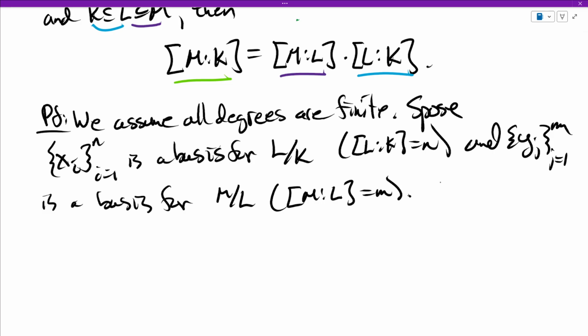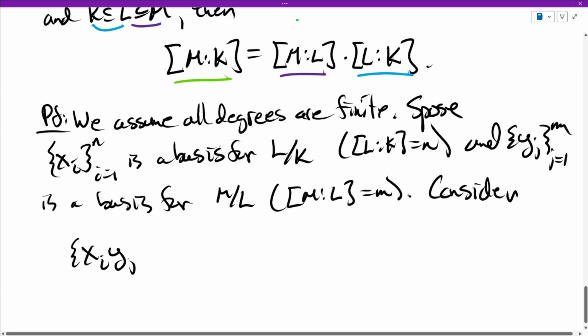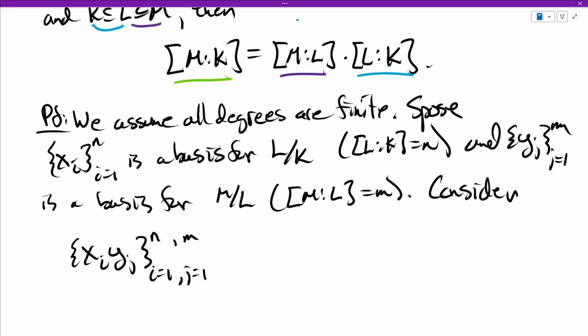Okay. All right, then what? Well, then let's consider the pairwise product of all of them. Consider x_i y_j, where i ranges from 1 to n, and then j ranges from 1 to m. Look at all of these pairwise products.